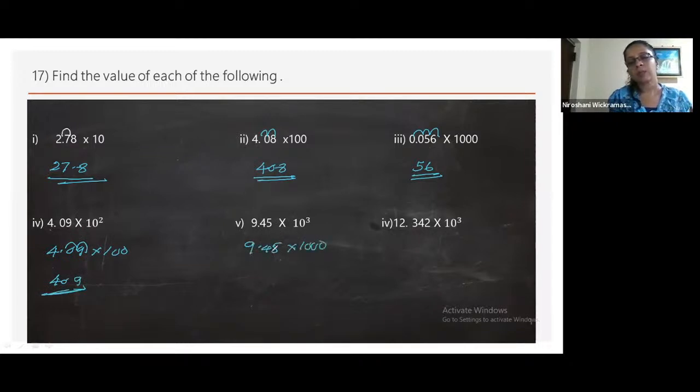It means 3 places forward, 9,450. It means 10 to the power 3. 12.342 into 1000. 1, 2, 3.